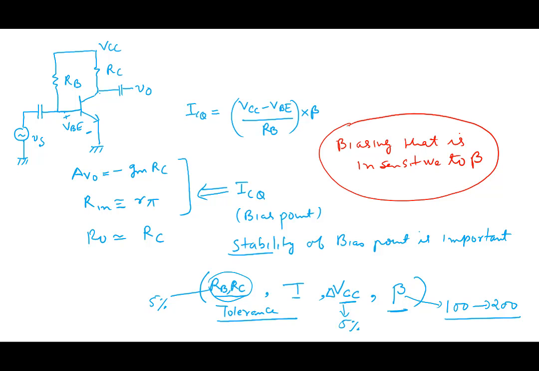Now, how do we measure the sensitivity of biasing? Well, one of the ways of doing that is by defining a parameter called S, sensitivity to beta, S beta, which is nothing but the percentage change in current, delta IC by IC, divided by the percentage change in beta.